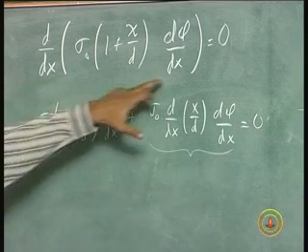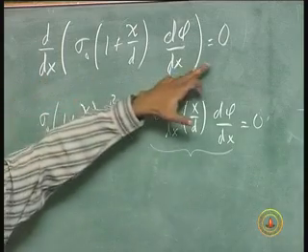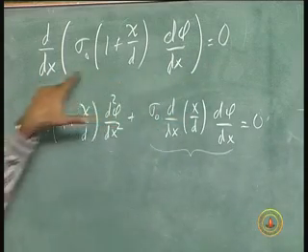Luckily, we can directly solve this problem. Since this is equal to 0, it must be true that the bracket quantity is constant.